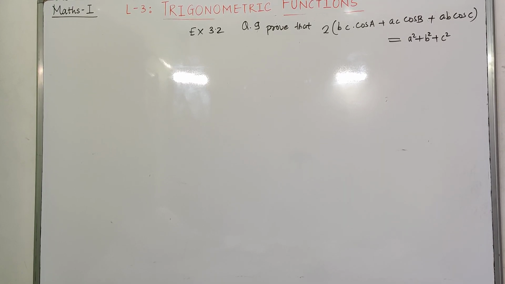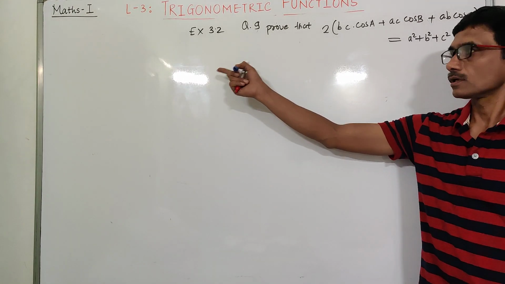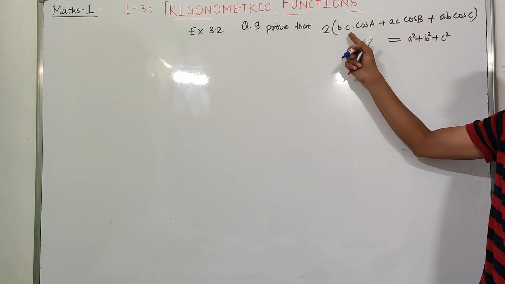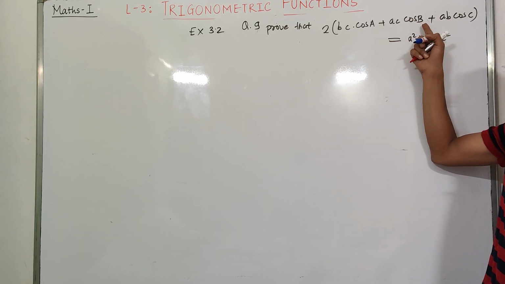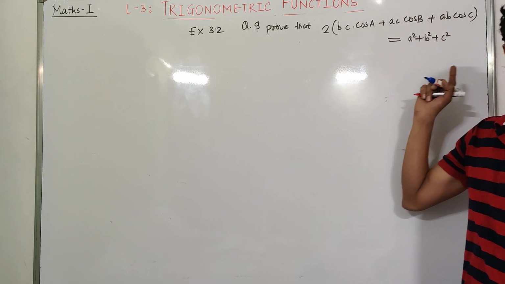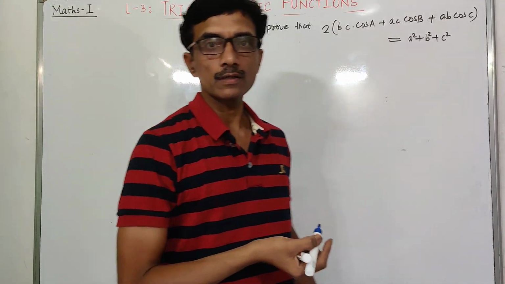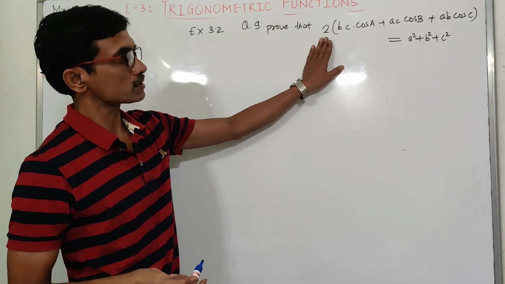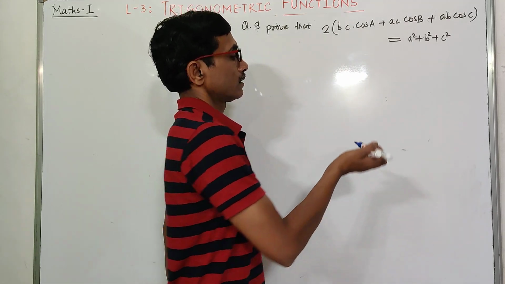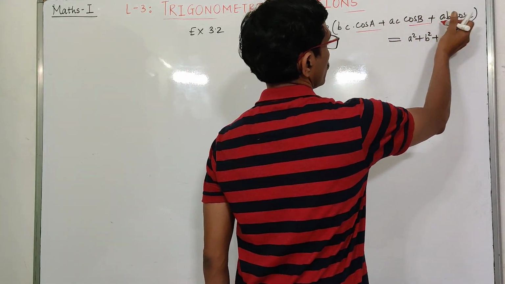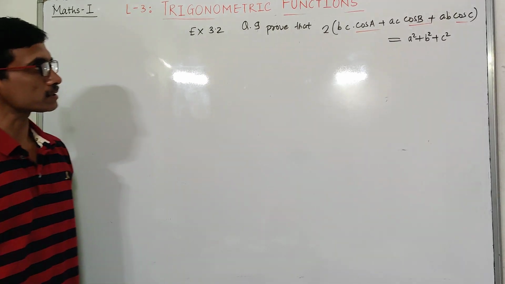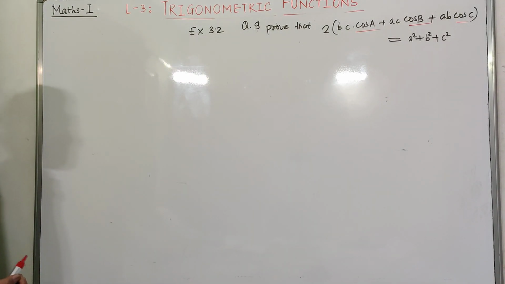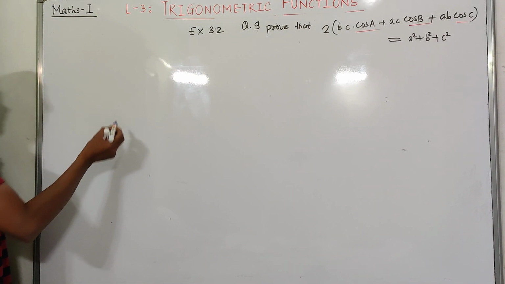Question number 9 in exercise 3.2. Here prove that 2 times bc cos A plus ac cos B plus ab cos C is equal to a square plus b square plus c square. We want to show this. So clearly we use the cosine rule here. In LHS we have cos A, cos B and cos C. So start with LHS.